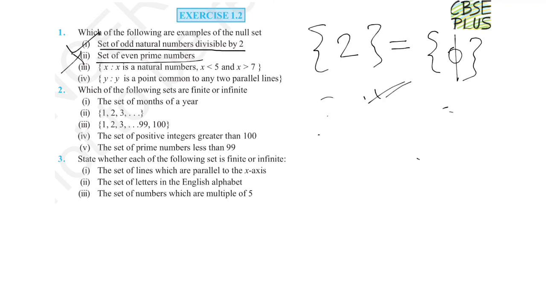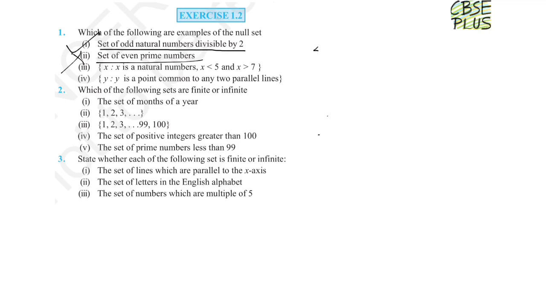Next example is x such that x is a natural number, and x is less than 5 and x is greater than 7. So here is another set in the third option. We need to find a natural number x which is at the same time less than 5 and also greater than 7, which is not possible.